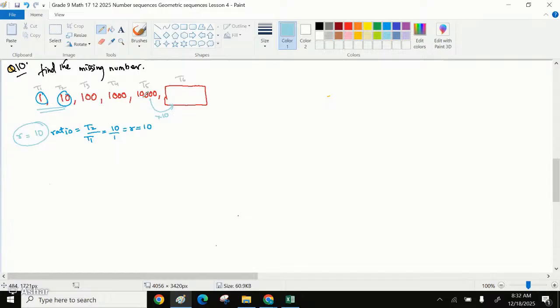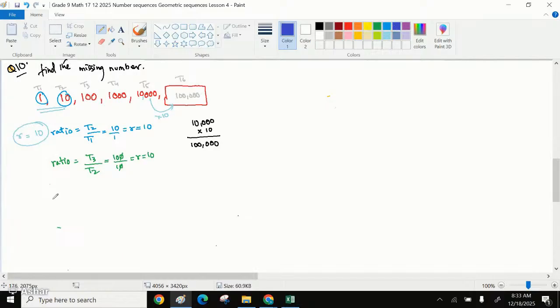So this was 10,000. When 10,000 was multiplied by 10, it becomes 100,000. This should be the answer. See, there are easy ways to do it, but we would want to verify. That means term 3 divided by term 2, that is 100 divided by 10, and the ratio comes out to be 10.